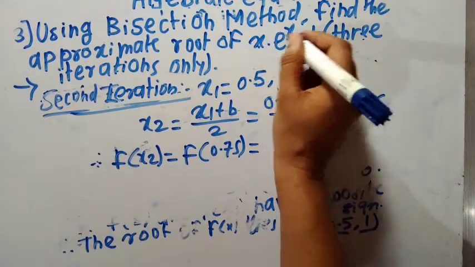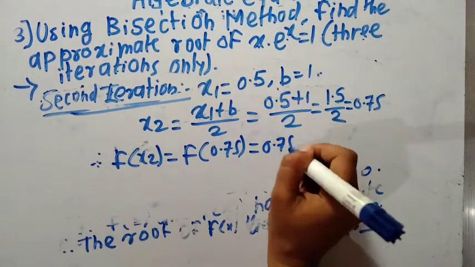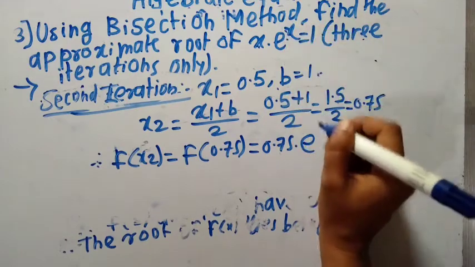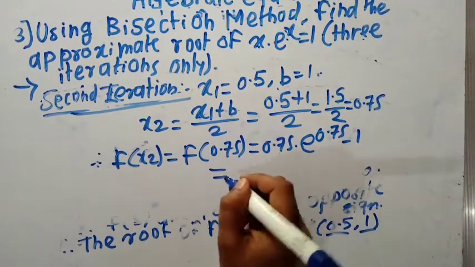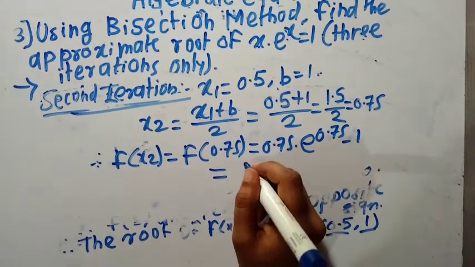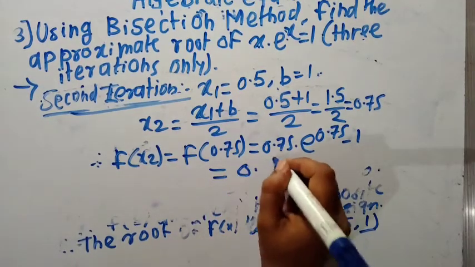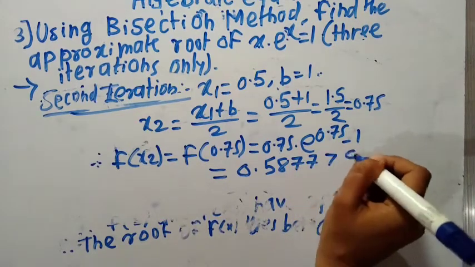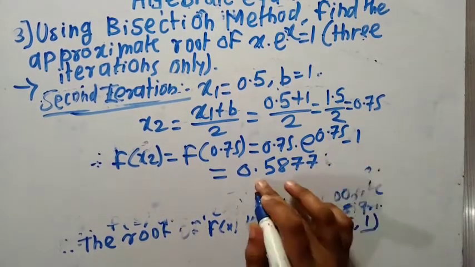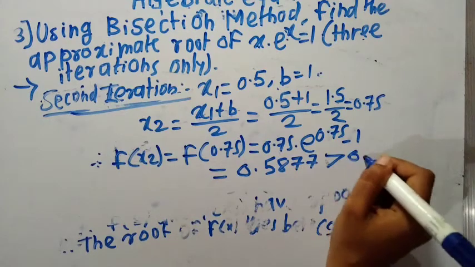So in place of x put 0.75 into e raised to 0.75 minus 1, which is the answer. Answer is 0.5877, greater than 0, and 0 point something is greater than 0.